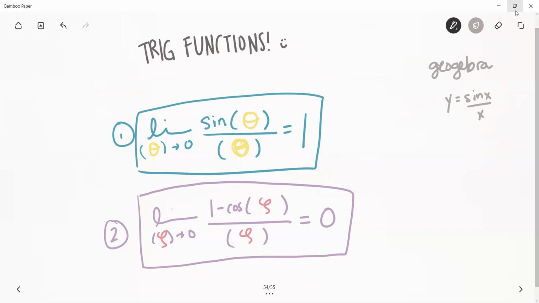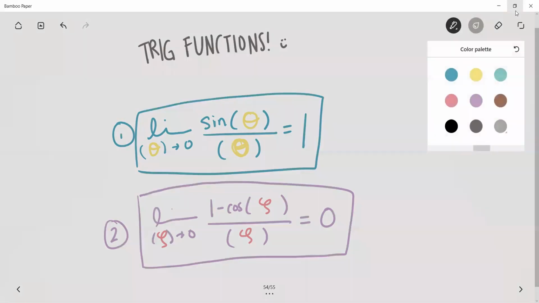Graphically, you can see what happens as x goes to 0, right? This function will go to 1. Similarly, you can graph 1 minus cosine of x over x and see what happens as x goes to 0, and this thing should go to 0. So if you're like, where'd these limits come from? I would highly suggest just looking at the graphs.